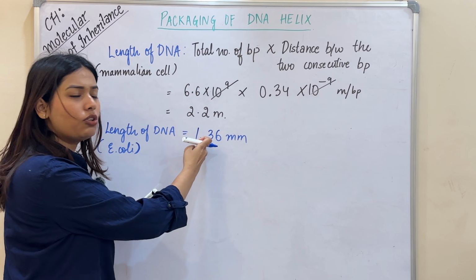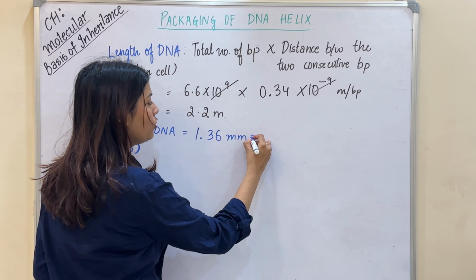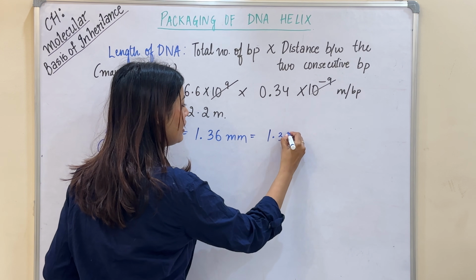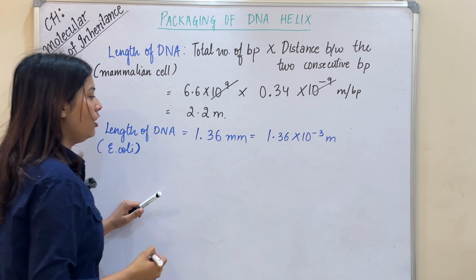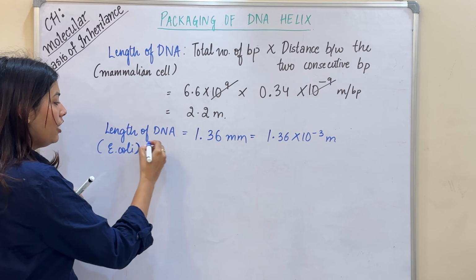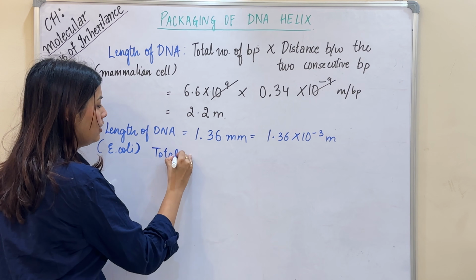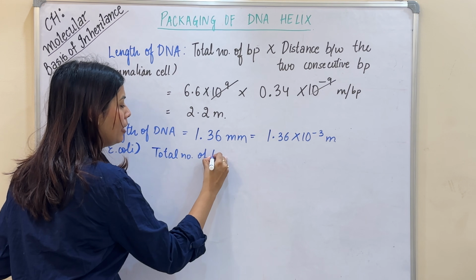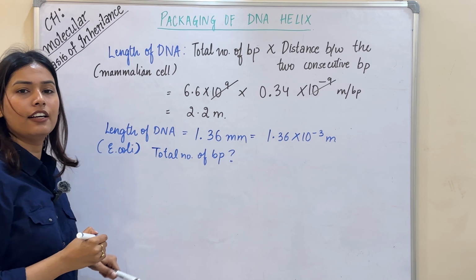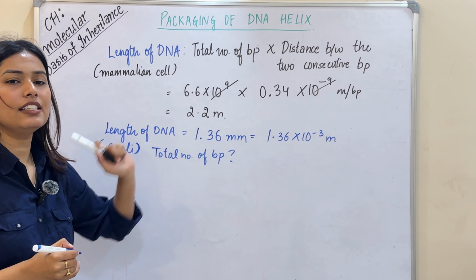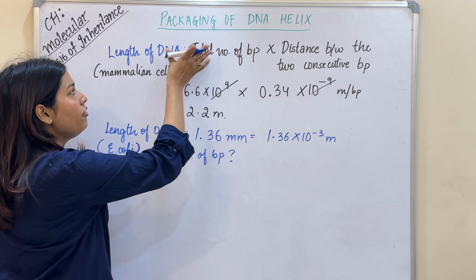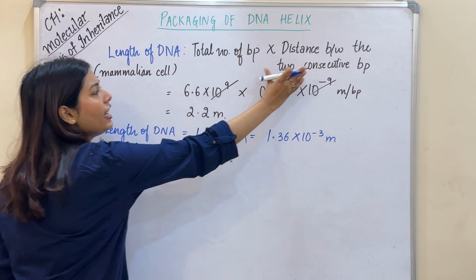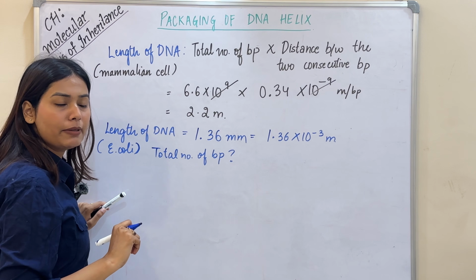So first we have to convert this millimeter into meters. So what I'm going to do is 1.36 into 10 raised to power minus 3 meter, simple. And I have to find the total number of base pairs present in it. So again, the formula remains the same. To find the total number of base pairs, we are going to divide the length of the DNA by the distance between the two consecutive base pairs.